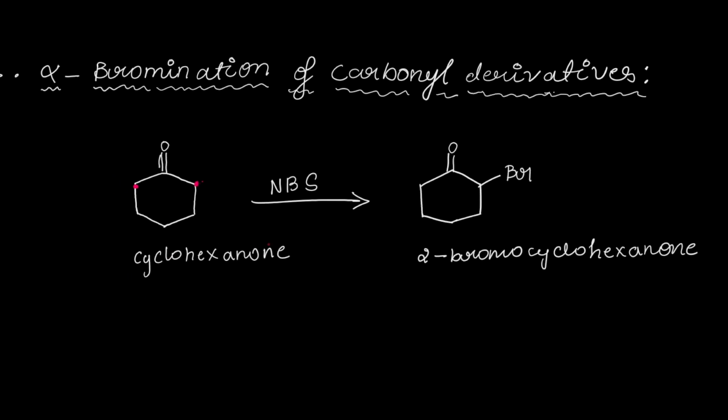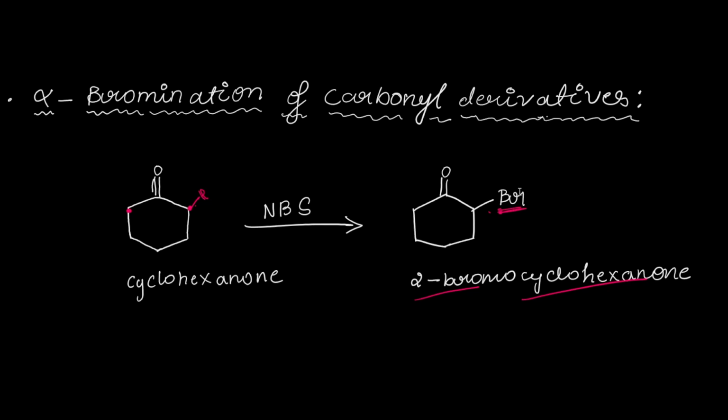So now we have a cyclohexanone, which is a ketone, one of the carbonyl derivatives. When NBS is added, NBS replaces one of the hydrogen atoms with bromine, and cyclohexanone is converted into 2-bromocyclohexanone. So this is about alpha bromination of carbonyl derivatives.